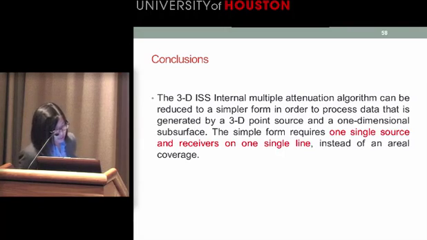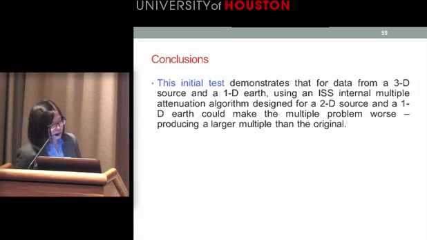And this initial test demonstrates that for data from a 3D source and a 1D Earth, using an SS internal multiple attenuation algorithm designed for a 2D line source and a 1D Earth could make the multiple problem worse. Yes, you may run the risk of producing a larger multiple than the original.